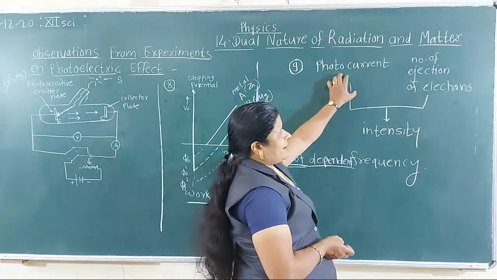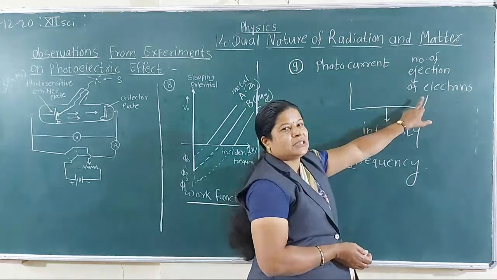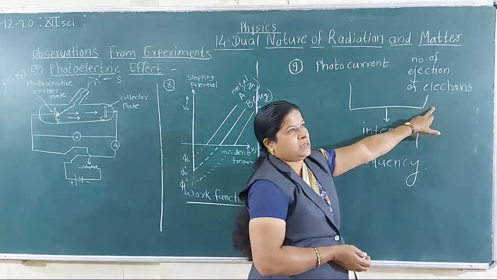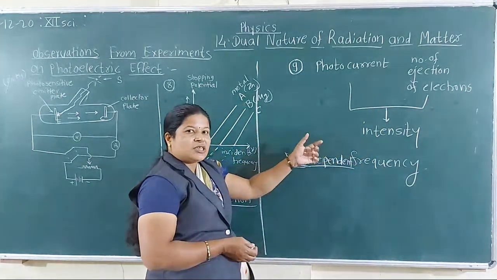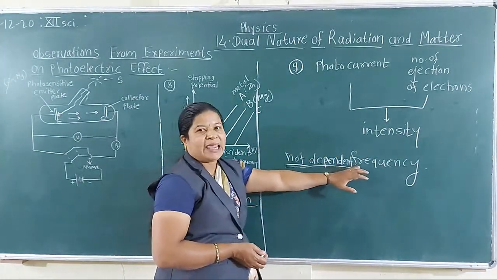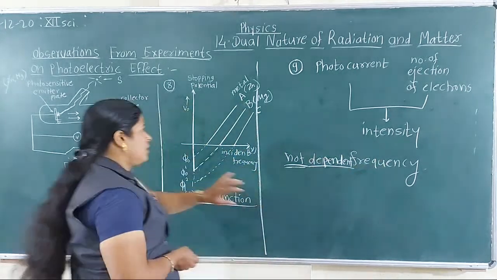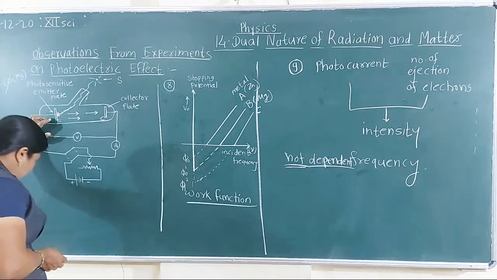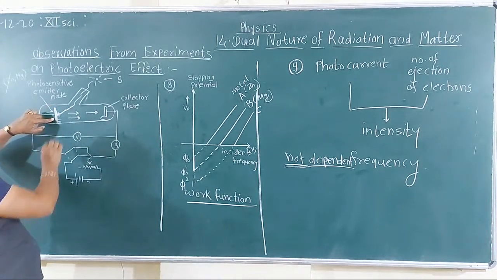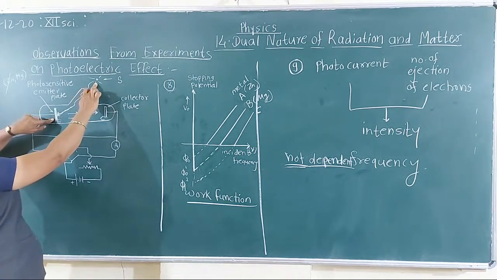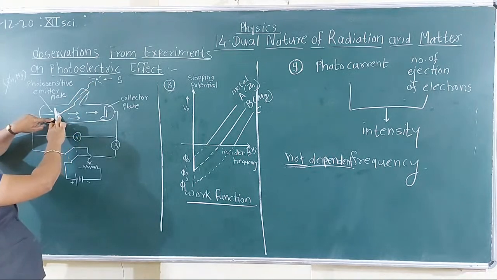So what is the observation? The photoelectric current depends on the number of ejected electrons. It depends on intensity and does not depend on the frequency of incident radiation. What does it mean? Suppose this is the emitter plate and this is the incident monochromatic source of radiation.